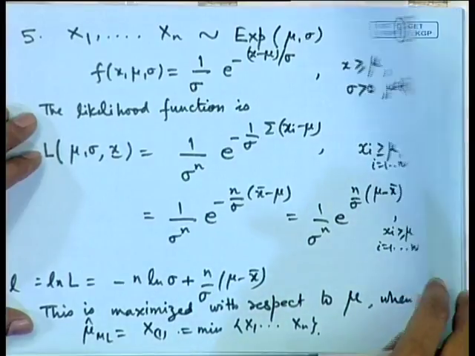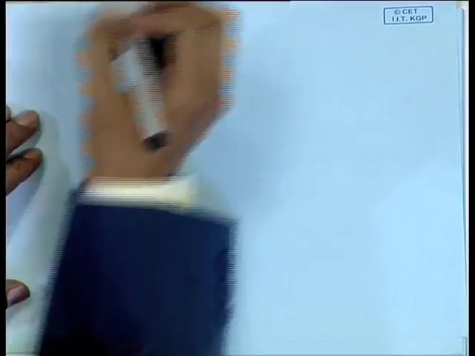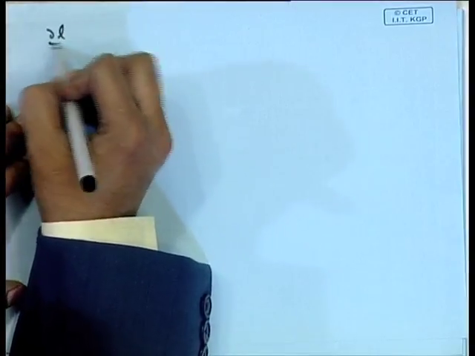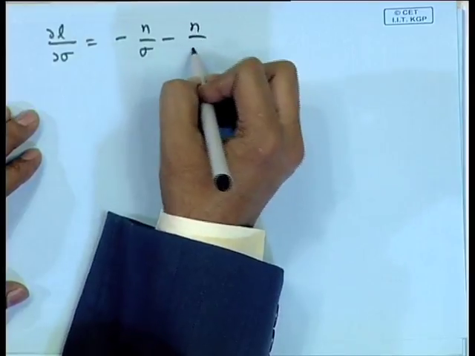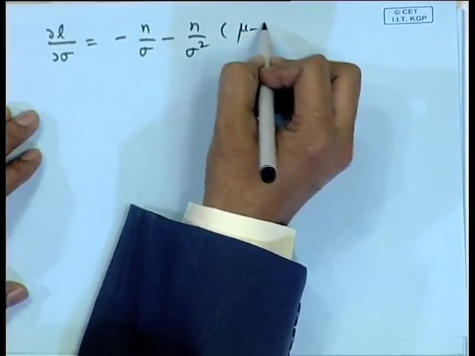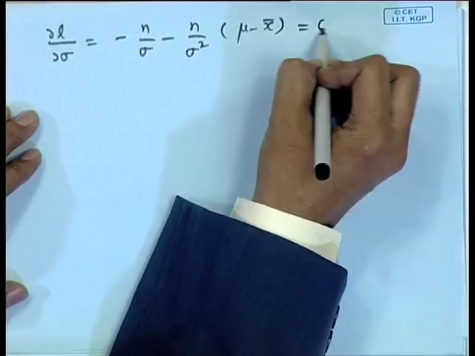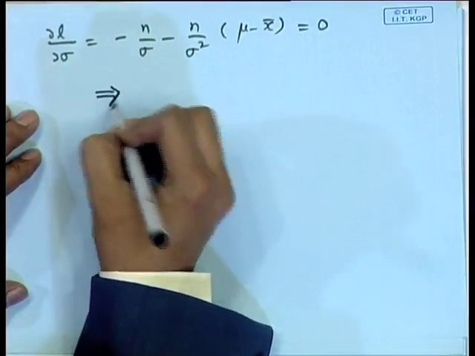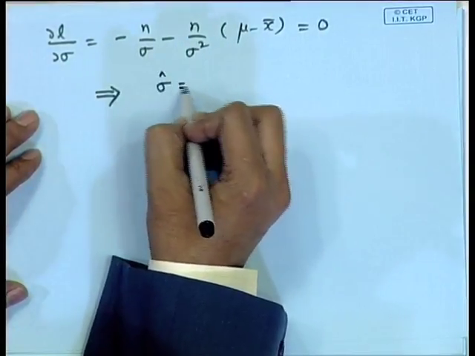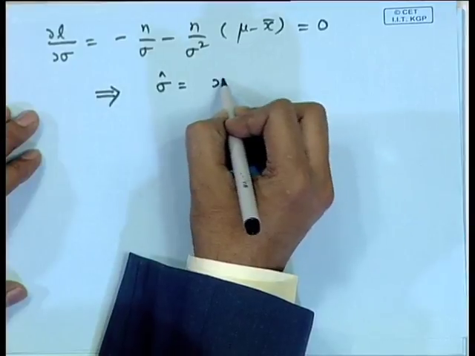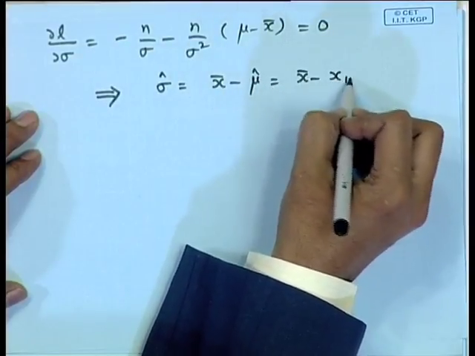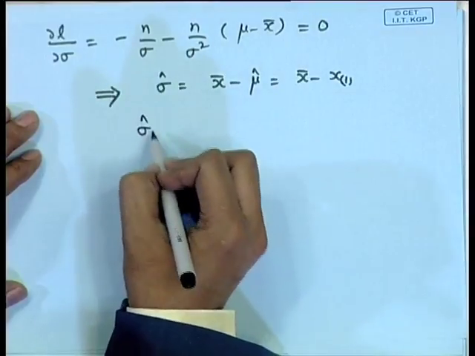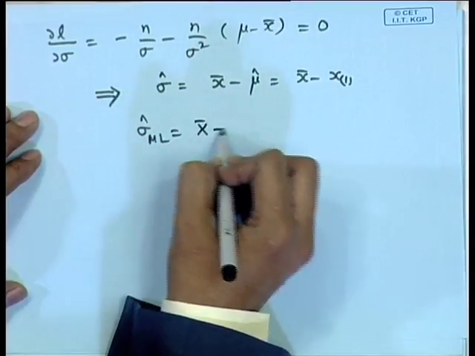So, we can substitute this here and get the estimator for sigma also. Consider the derivative of this with respect to sigma, that will give minus n by sigma square times mu minus x bar, this is equal to 0. So, this gives sigma hat equal to x bar minus mu hat, that is equal to x bar minus x 1. So, sigma hat ML is equal to x bar minus x 1.